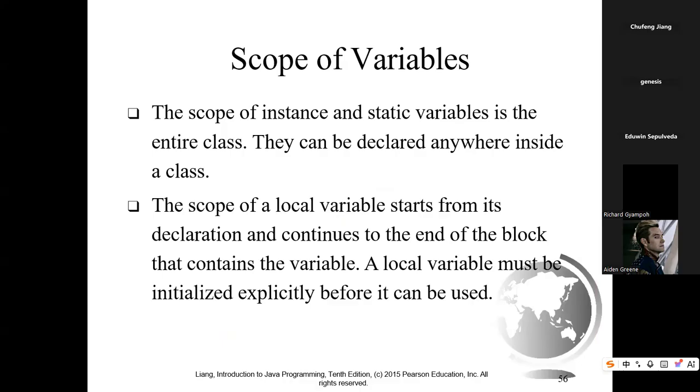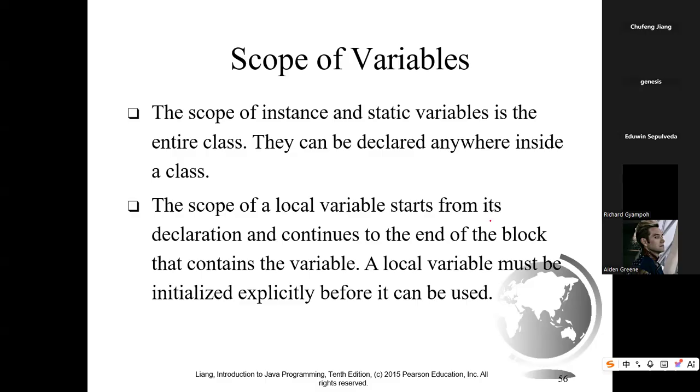Then for the scope of variables, we talked about it long ago, and we also examined it in our exam. The scope of instance and static variables is the entire class. They can be declared anywhere inside the class. The scope of a local variable starts from its declaration and continues to the end of the block that contains the variable.